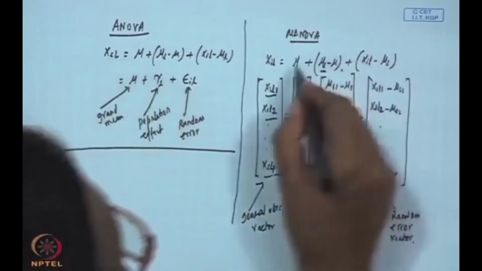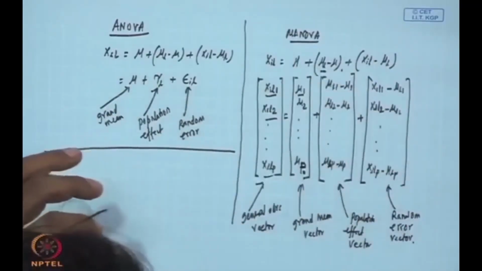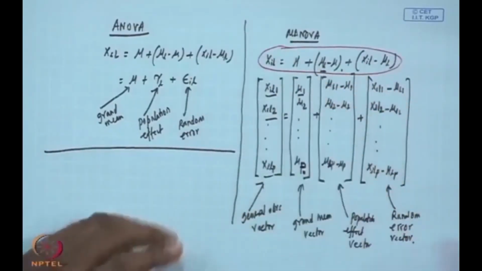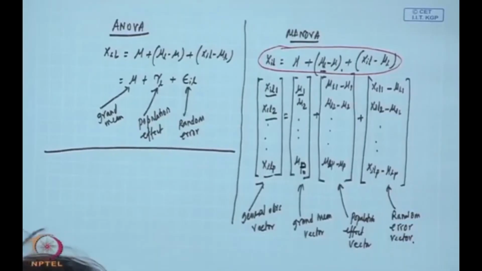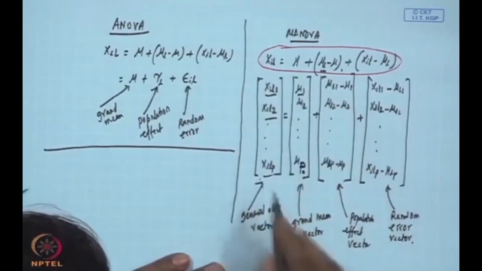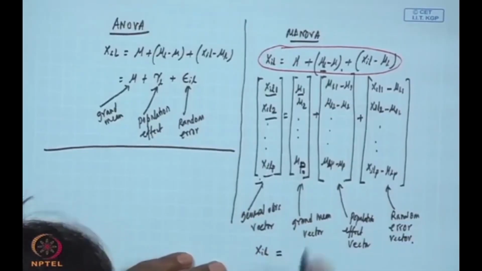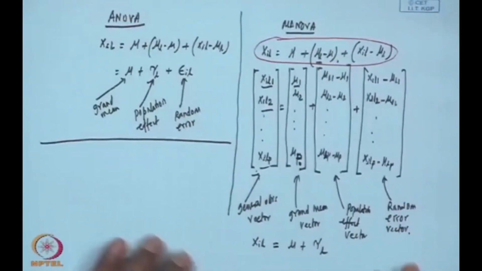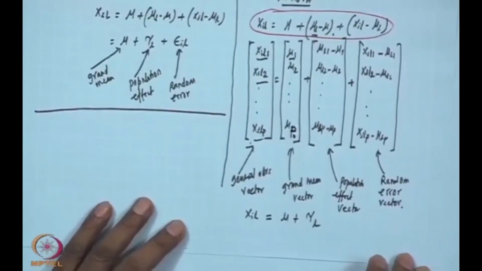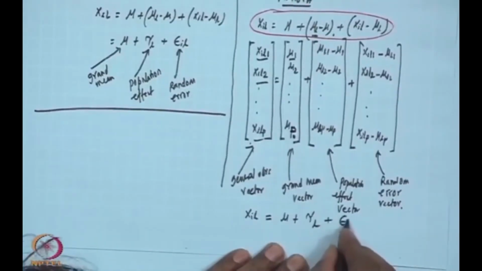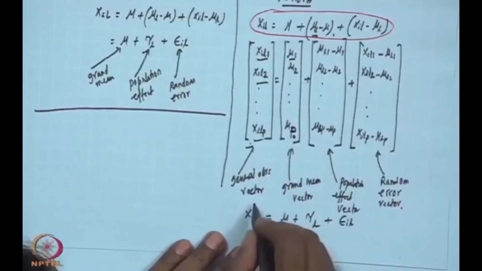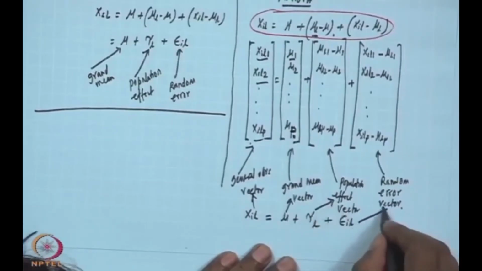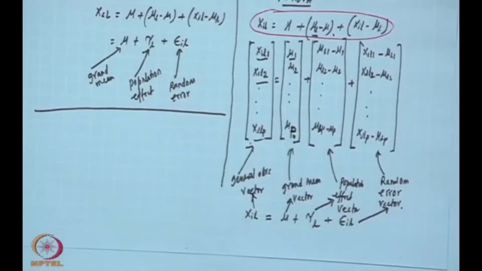So, this partitioning we can also write in the same manner. Earlier we have written that the first one is XIL, then the second one is mu, then the third one is tau L, plus epsilon IL. So, this is my general observation, this is my grand mean vector, this is the population effect vector, this is the random error effect.